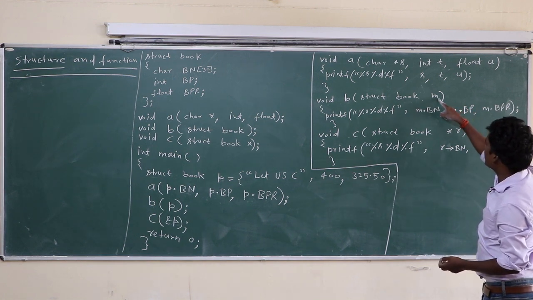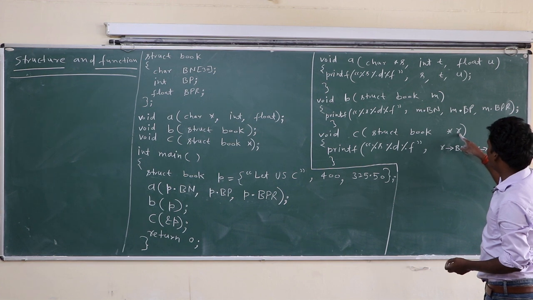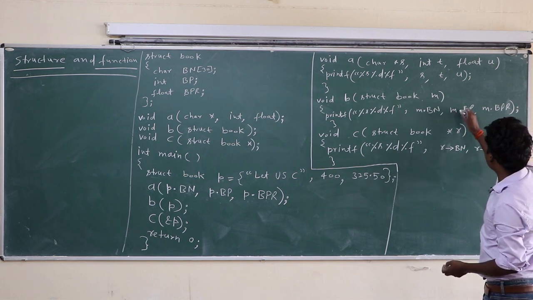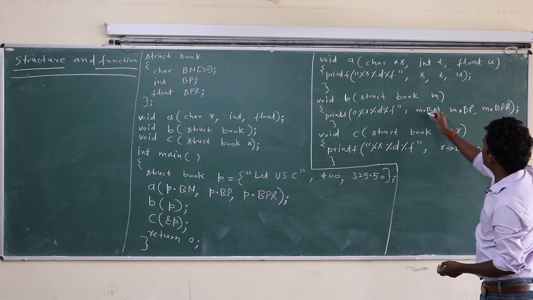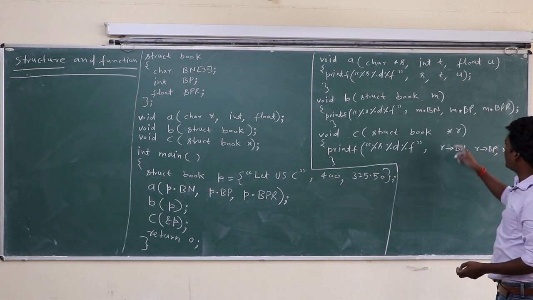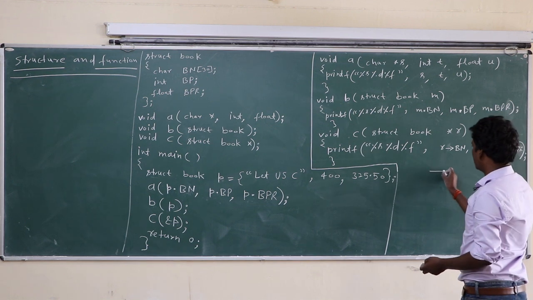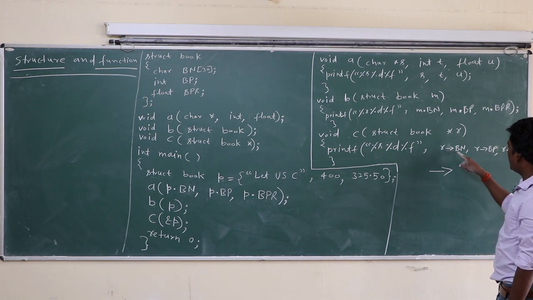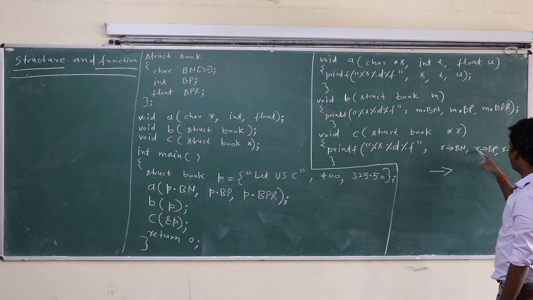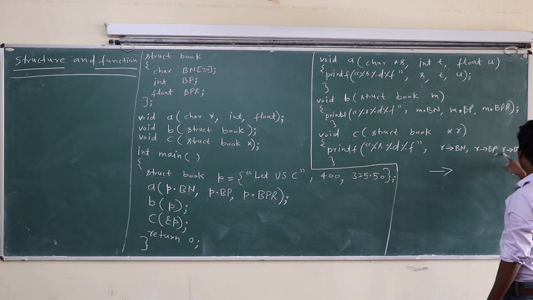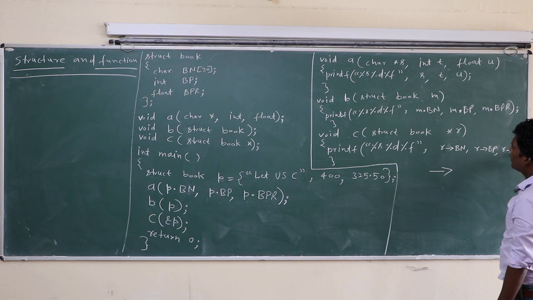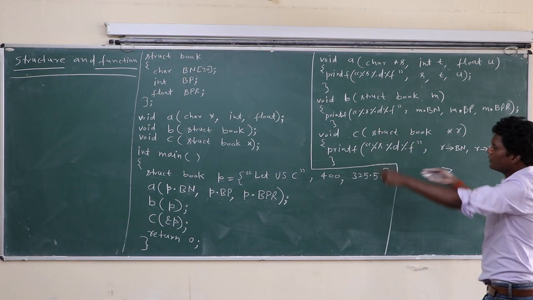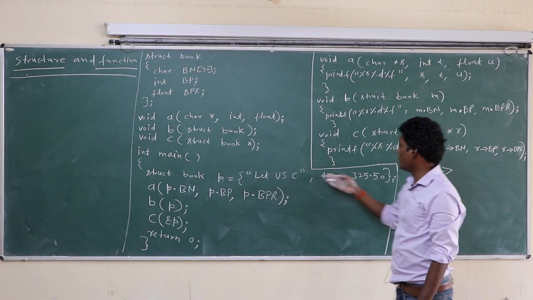M is a structure variable, R is also a structure variable, but this is the normal variable, this is the pointer variable. In a normal variable we use the dot operator, but in a pointer variable we use the arrow operator. Okay, here R arrow Bn, R arrow Bp, R arrow Bpr. Okay class, so this will be printed. Whatever you supplied is indirectly printed here.